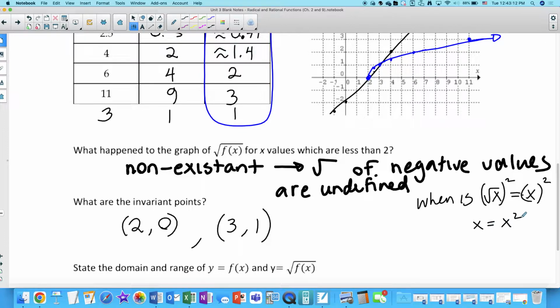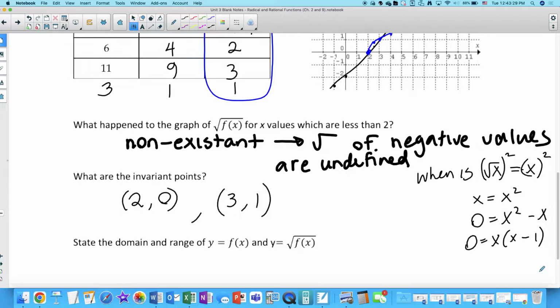And if I equate one side to 0, this is factorable, right? It's equal to x times x minus 1. So there are 2 values of x for which this is true. When x equals 0 and when x equals 1.